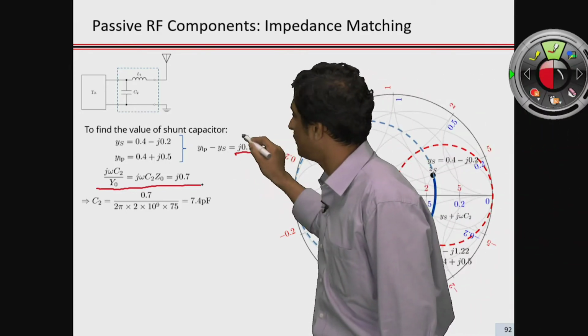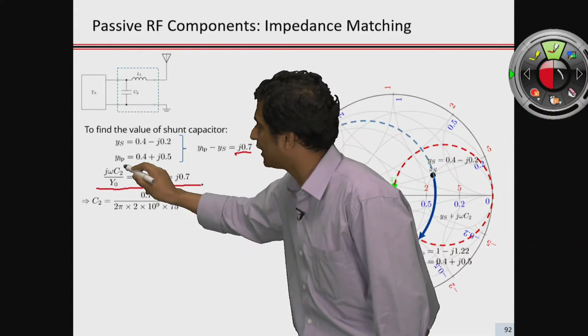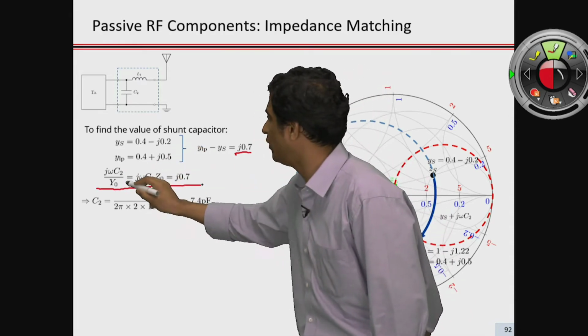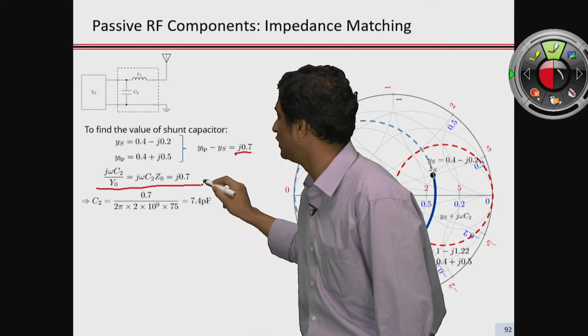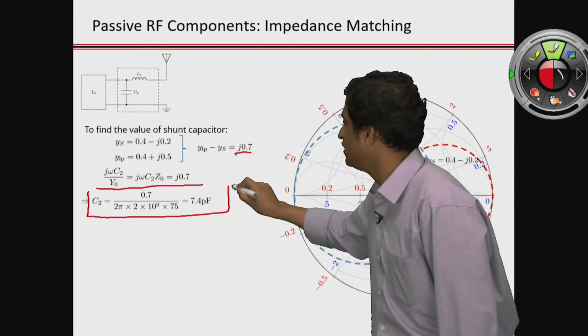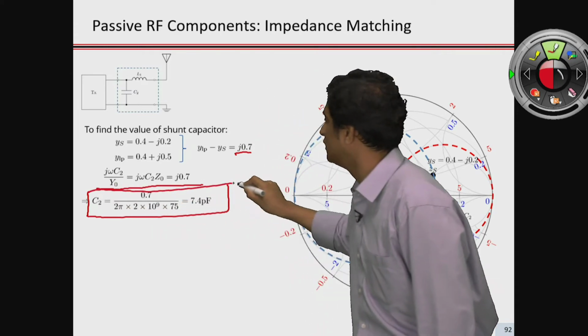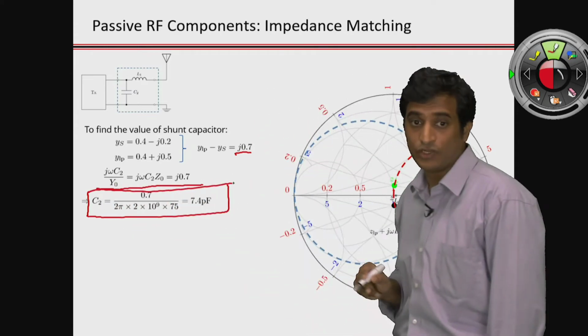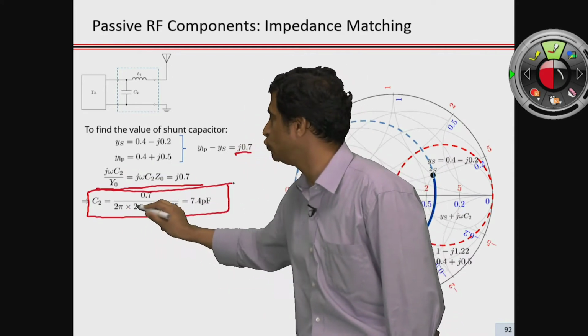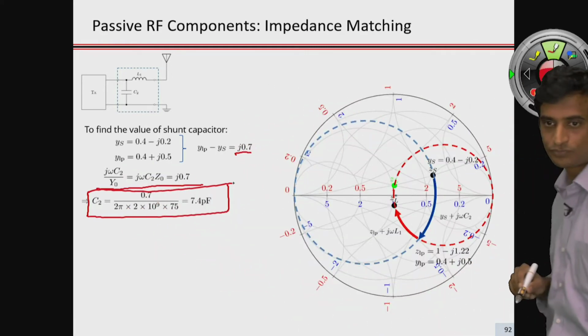To realize this normalized susceptance, to recover back the capacitance, we need to denormalize it in terms of the characteristic impedance Z0, such that that denormalization procedure is given here to obtain back C2. And to do that, we need to know the operating frequency omega, which is basically 2 pi f.